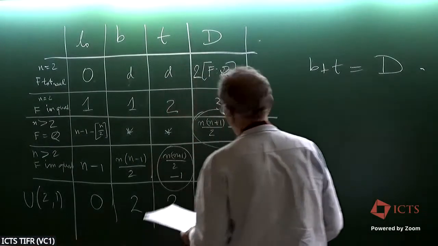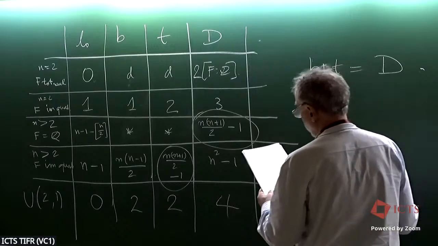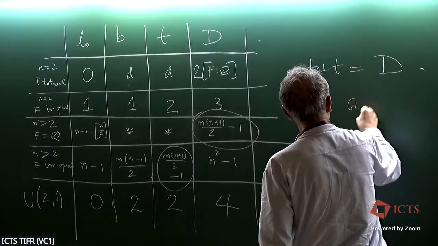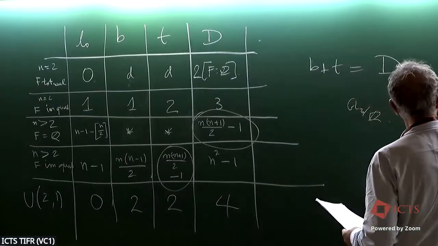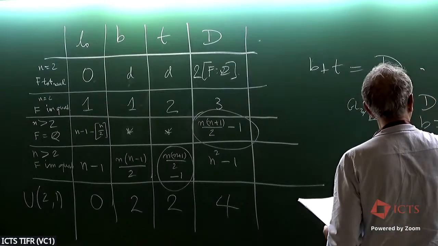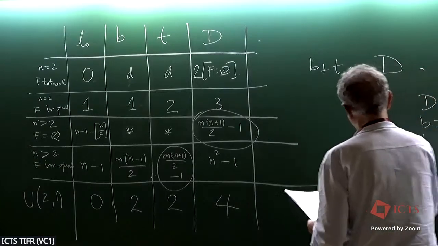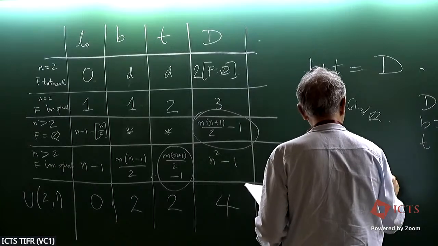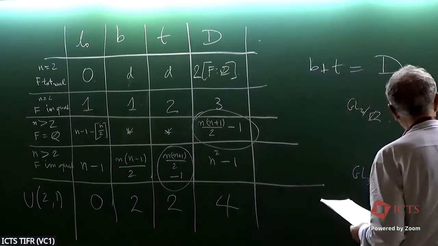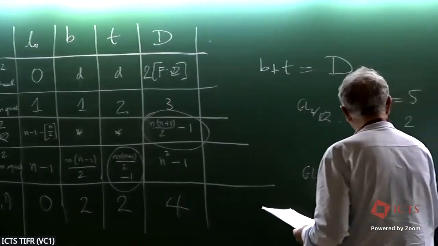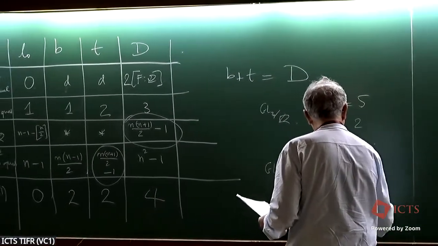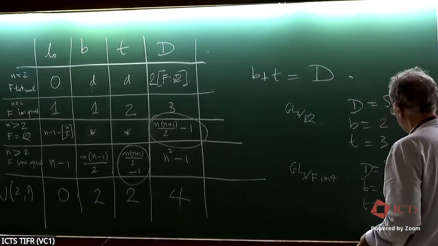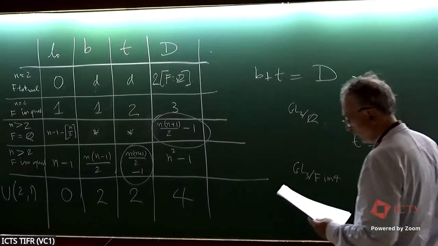And so let's give the examples which are important for us. GL3 over Q. So you get dimension 5, bottom equal 2, and top equal 3. GL3 of imaginary quadratic. Dimension is 8, bottom is 3, and top is 5. So difference is 2, sum is dimension.